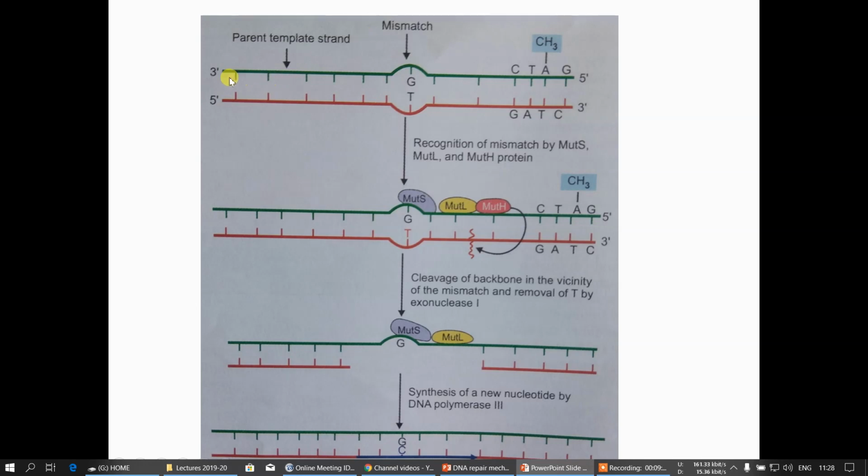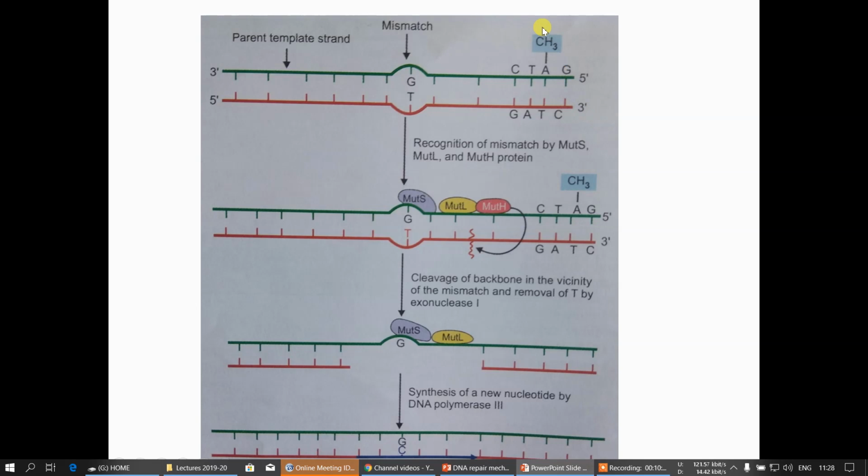How does it occur? Here you can see in green it is the template strand, the parent strand, and in red color it is the newly synthesized strand. Suppose the replication fork comes up to this point, then once the replication fork moves ahead by the helicase enzyme, the parent strand becomes methylated at the adenine nucleotide at the N6 position around the 5 prime end of the strand.